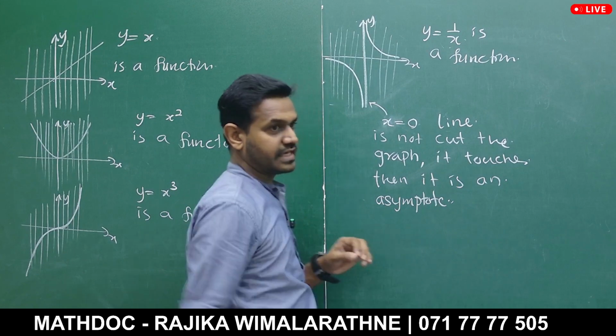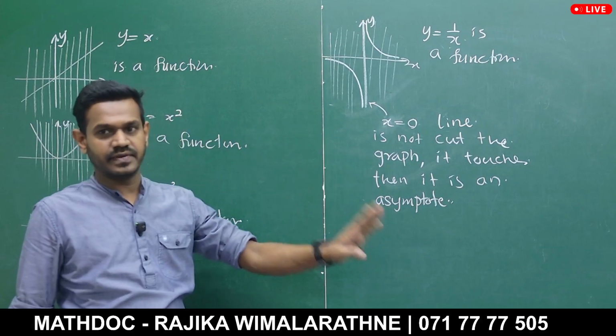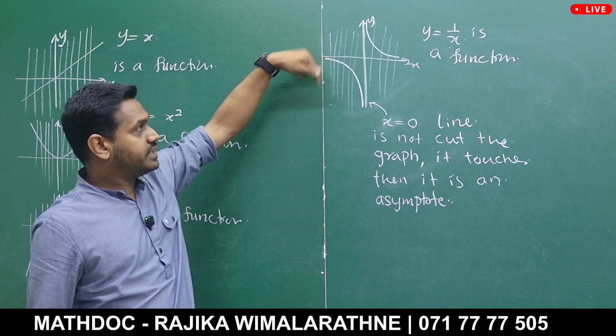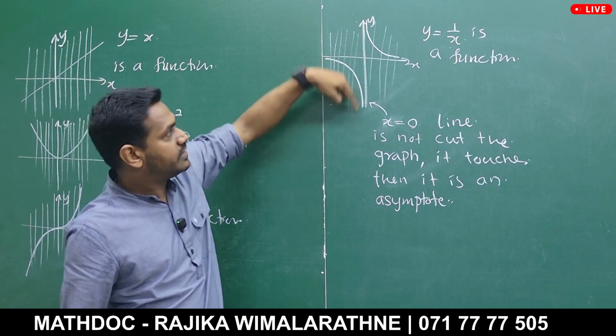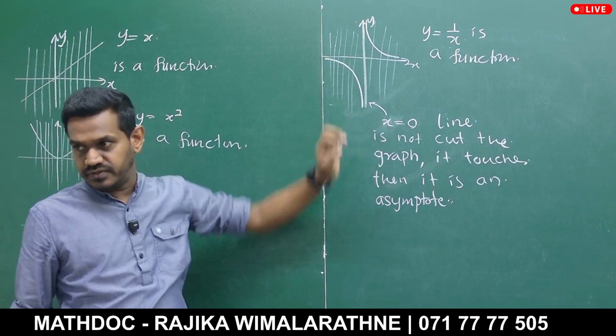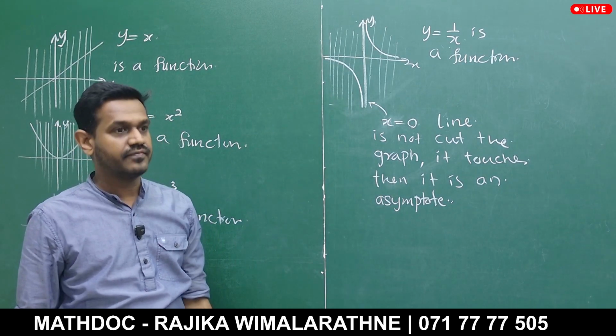We call that an asymptote. Just identify it; later we will discuss. Here no issue. It is a function. All the other lines cut at one point, and here no two cuts, but it touches. Touching no issue. Cut must be 1.